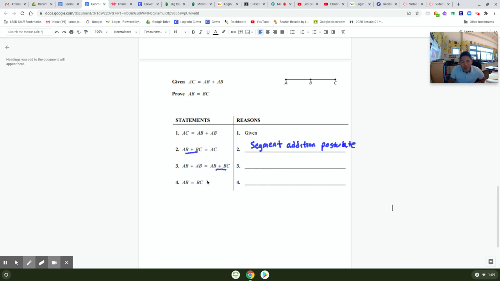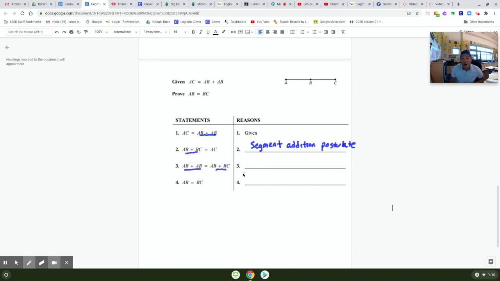Maybe just looking at the previous statement isn't good enough. Then I look at the statement before that: the length of AB plus the length of AB equals the length of AC. This part right here is right here. So here I really have to look at statements 1 and 2 to be able to figure out the reason for statement 3.